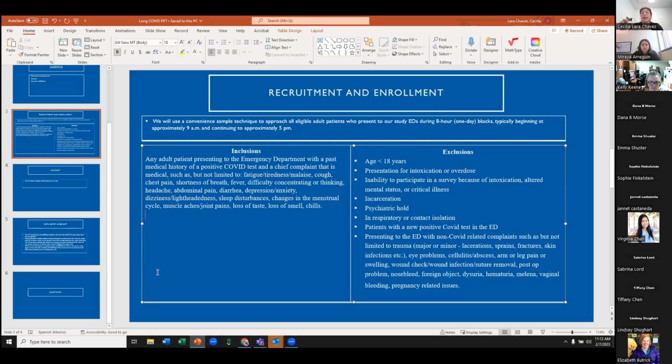Yeah, it's most likely because they're septic, I agree with you. It's more than likely that it's the abscess, but I think that you would still include them unless it says fever due to abscess, or the chief complaint also has an abscess as one of the differentials. And if they come in with multiple complaints, I feel like that would be somebody we would include. Yeah, I think so. Okay.